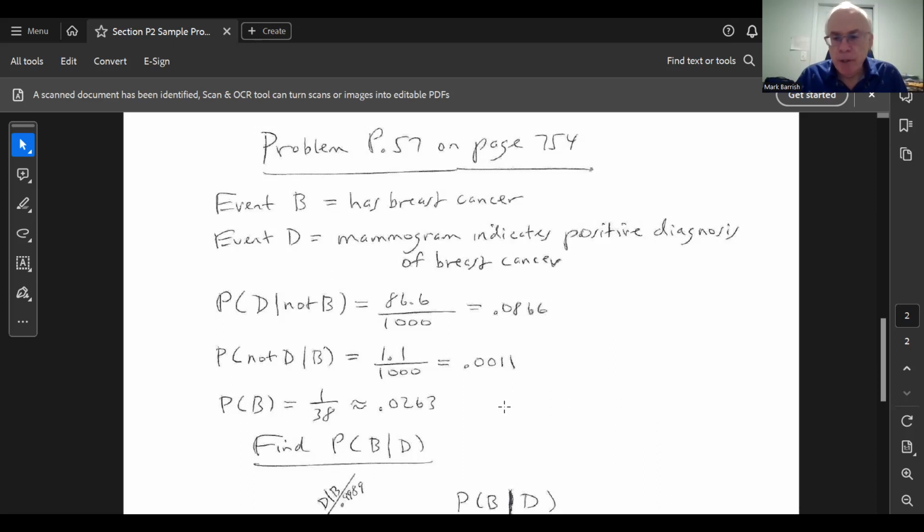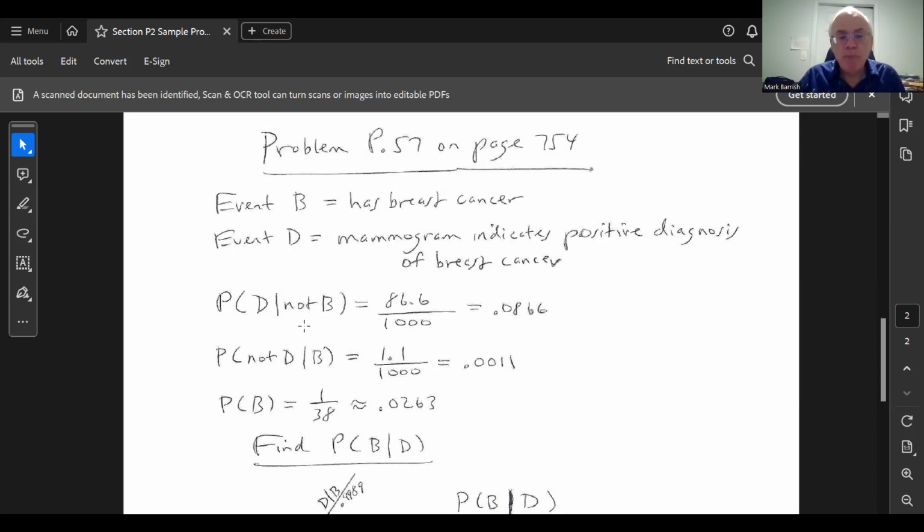Now, what's given in the problem? This is the false positive probability. 86.6 ladies out of 1,000 have a positive diagnostic test, but in reality do not have breast cancer.